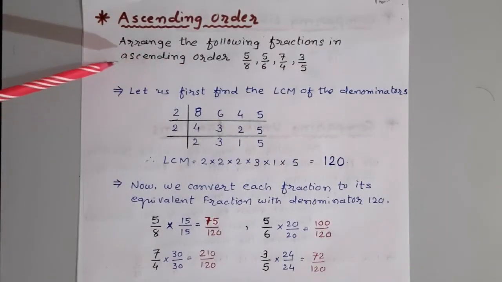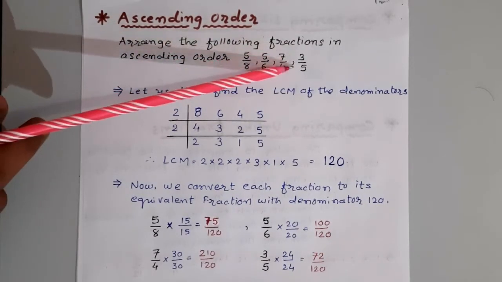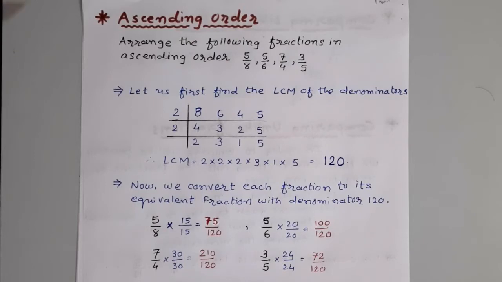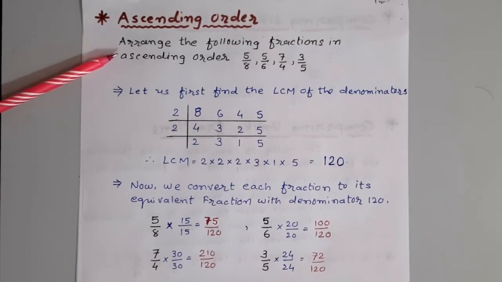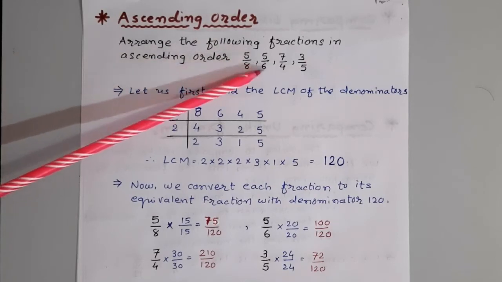Arrange the following fractions in ascending order: 5 upon 8, 5 upon 6, 7 upon 4 and 3 upon 5. We observe that the given fractions have neither a common denominator nor a common numerator. So first we convert them into like fractions. For this we first find the LCM of the denominators 8, 6, 4, 5.